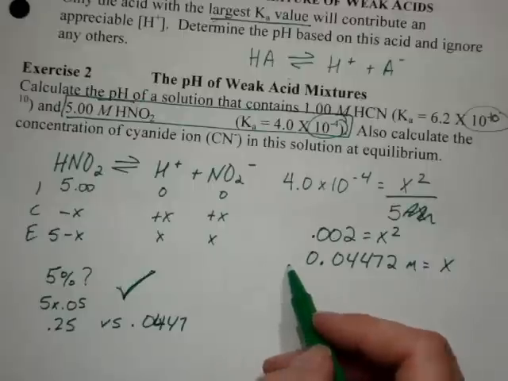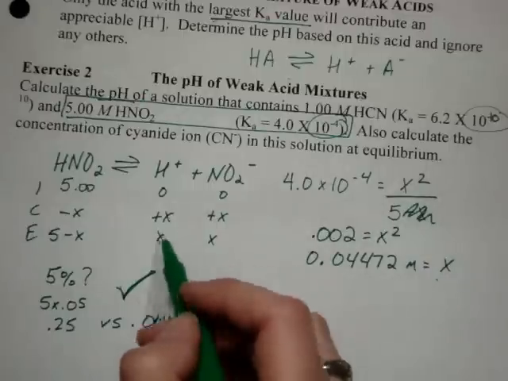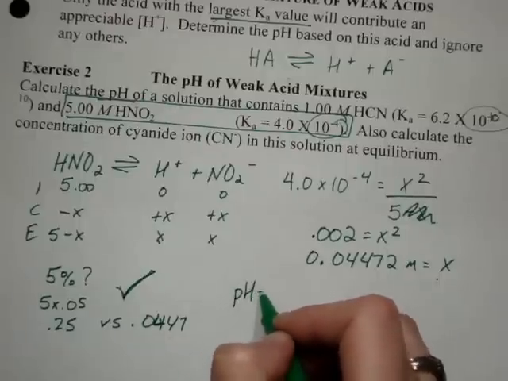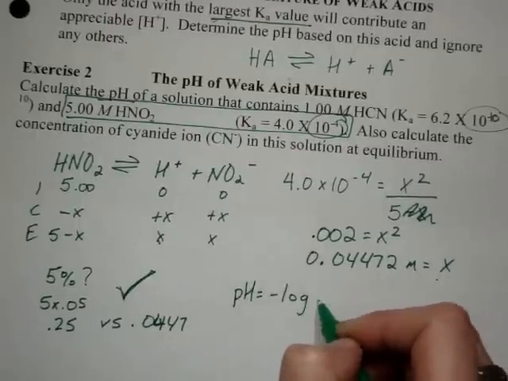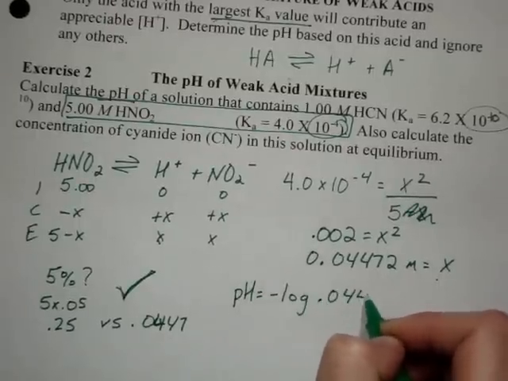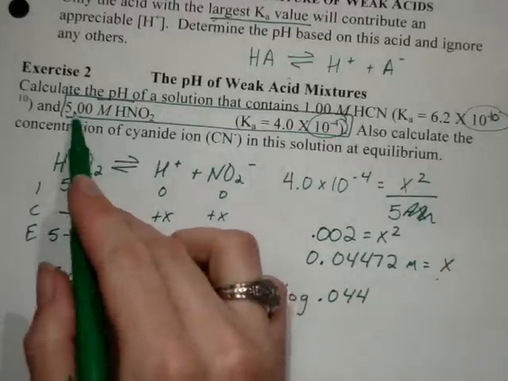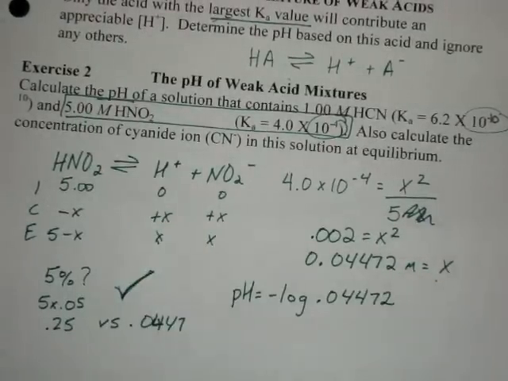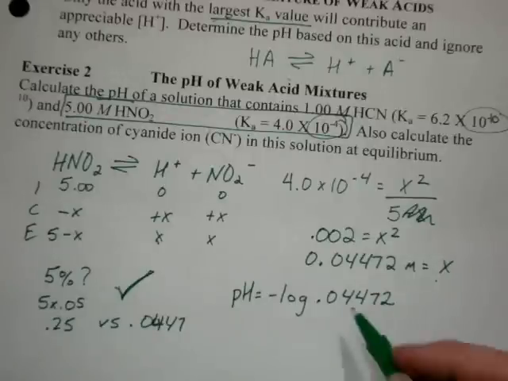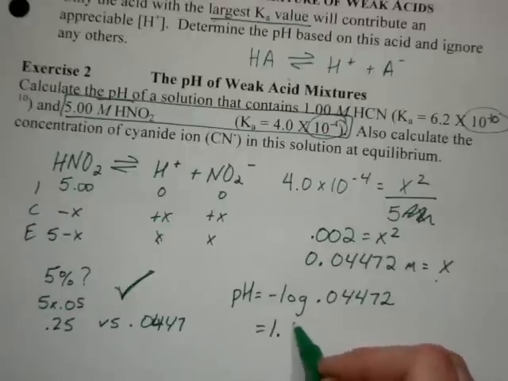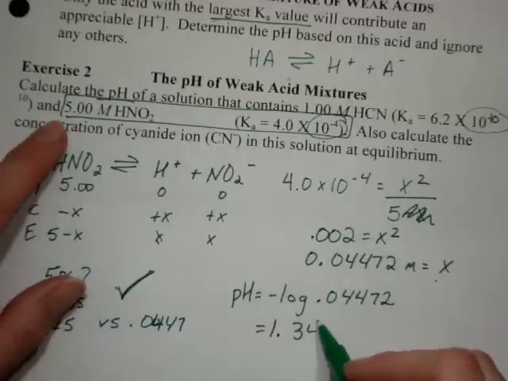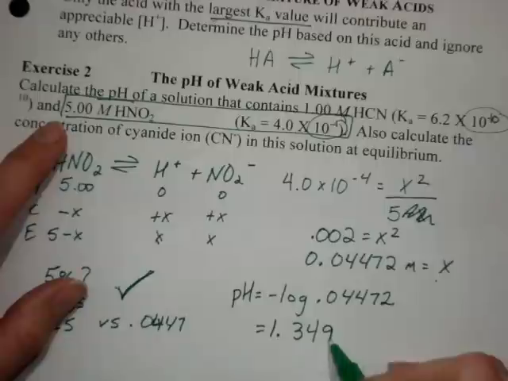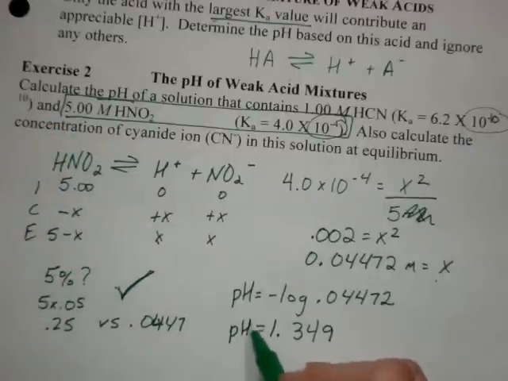To get my hydrogen concentration then, X is equal to my hydrogen concentration, so pH will be negative log of 0.04472. We've got 3 sig figs here, so I'll go ahead and bring all 4 values. And that gives me 1.349 for my pH.